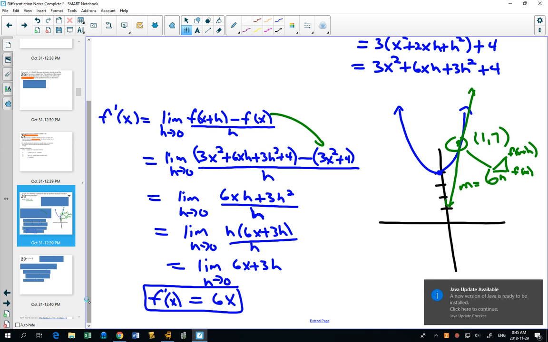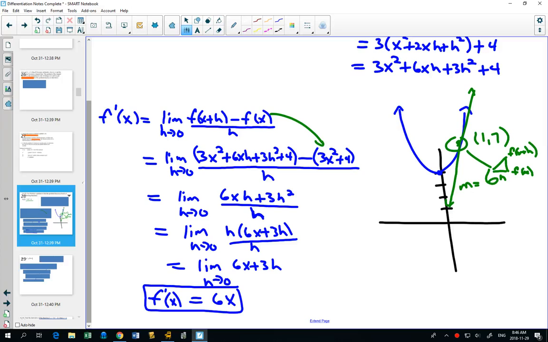And as we bring those things closer and closer together, as we apply the limit, it makes the tangent line. And using the definition of the derivative, what we get is an equation that tells us every single slope, no matter where we are on that parabola.